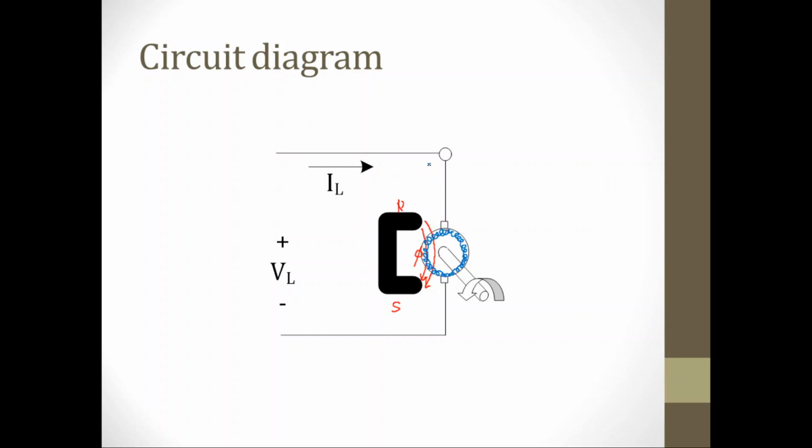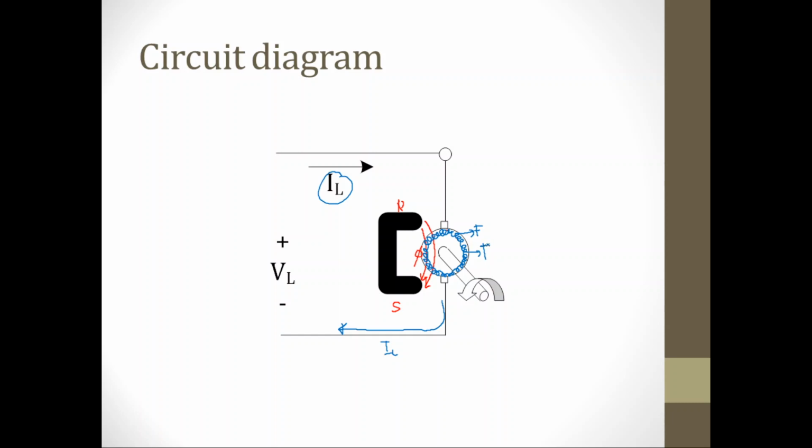when current passes through these conductors, this current IL will pass through the conductors going to the negative terminal of the DC source. According to Fleming, when that conductor is exposed in a magnetic field, each conductor will develop force. The force is perpendicular to both the field and the conductor itself.